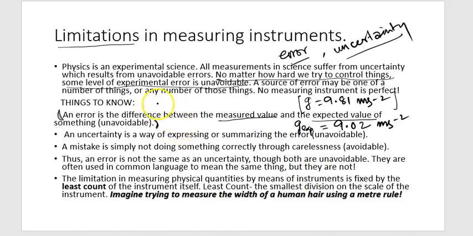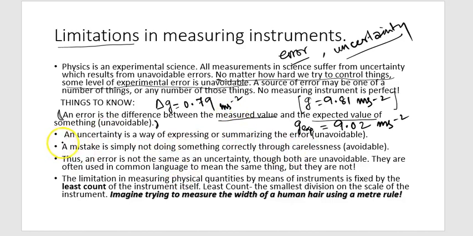So the error is 0.79 meter per second squared, the difference between the measured value and the expected value. So the expected value is this, and the measured value came to be that. All right.